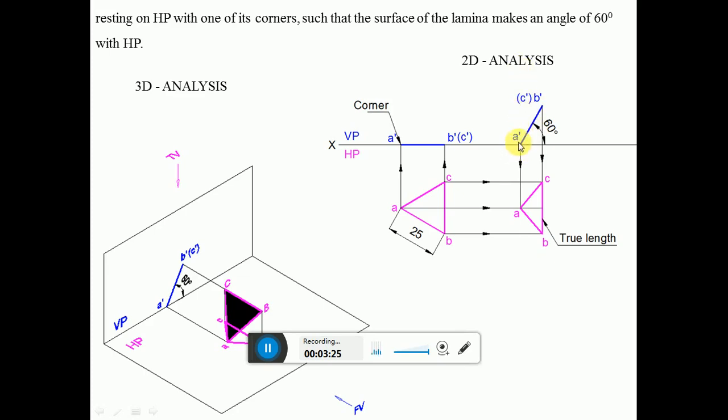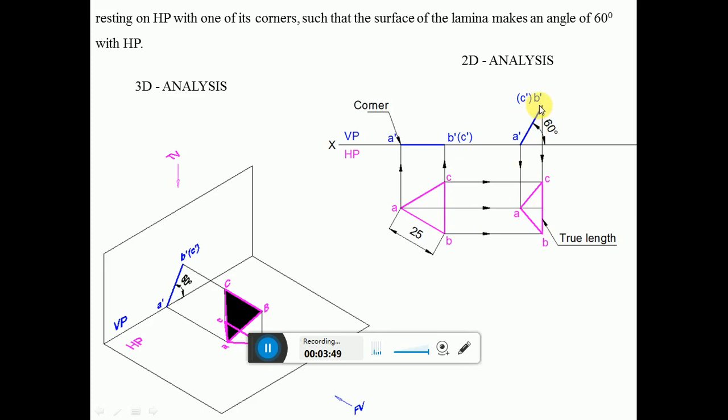Then from A dash you draw a vertical projector, and through A you draw a horizontal projector to get point A. Similarly, you draw vertical projectors from B dash and C dash and horizontal projectors from B and C to get the points B and C. Join A to B, B to C and C to A to complete the triangle.